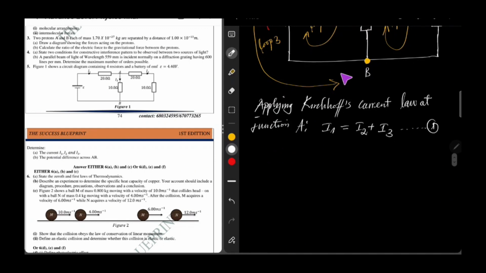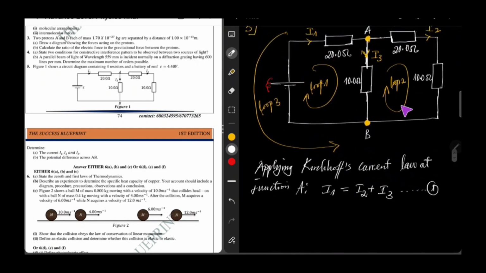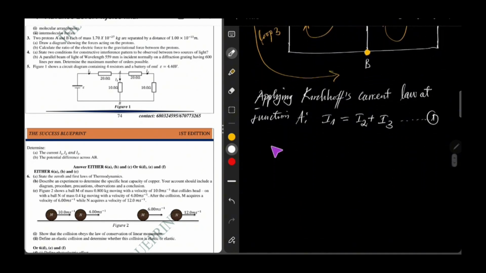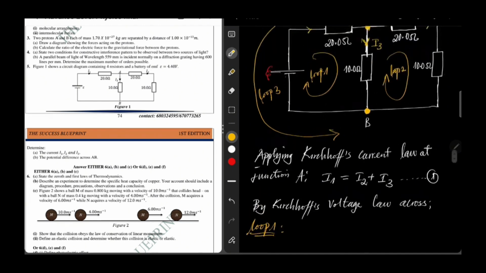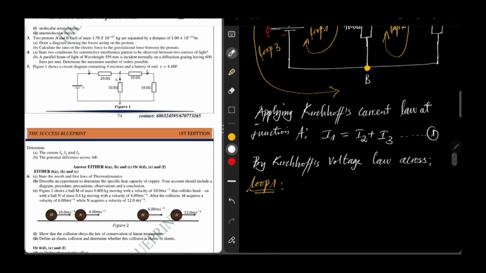What about applying Kirchhoff's voltage law across loop 1, loop 2, and loop 3? Let's start with loop 1. Now we are moving in the clockwise sense around the loop. Moving from a lower potential to a higher potential, the potential difference in that case will be positive, so we'll have epsilon.